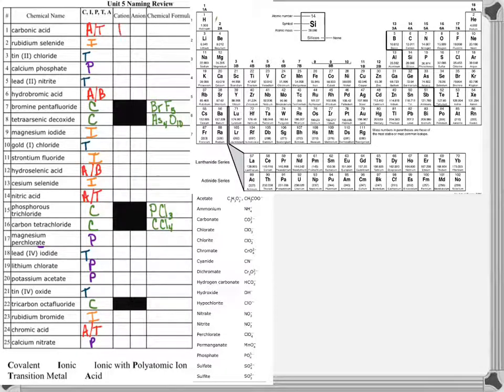So we know it's hydrogen, hydrogen, hydrogen. And that hydrogen has a charge of +1.